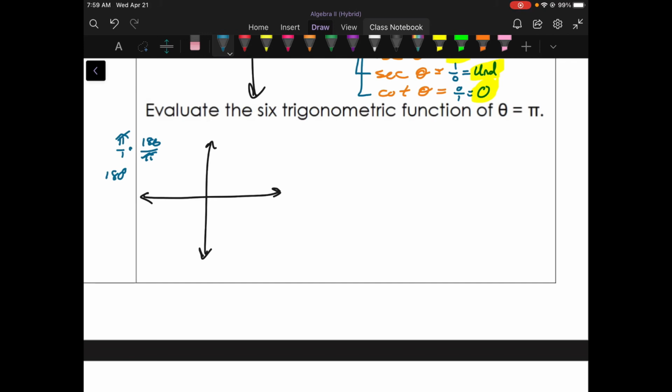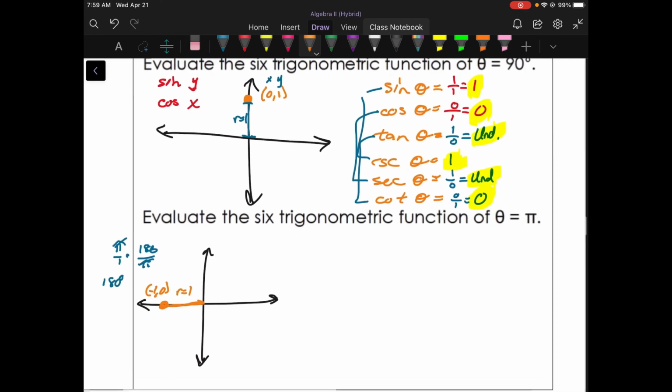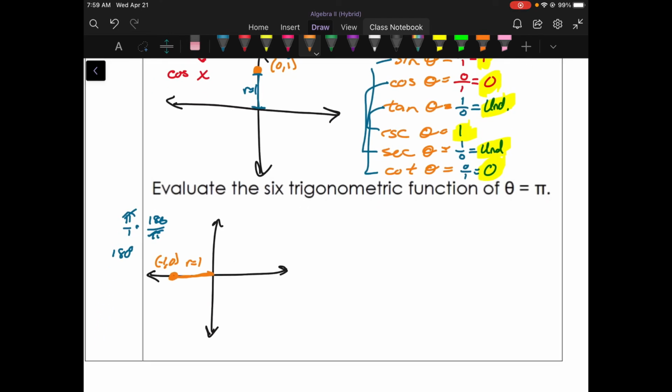We should recognize that. So we're out here, and like I said, the quadrant angles, we're always going to use 1 as our radius. So it's either going to be 0, 1, negative 1, 0, 0, negative 1, or 1, 0. Some combination of those points depending on which axis you're on.